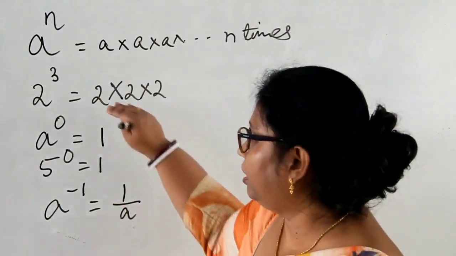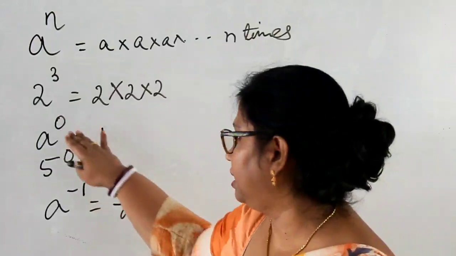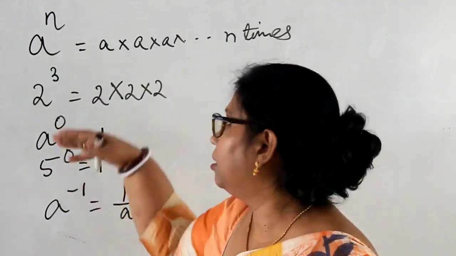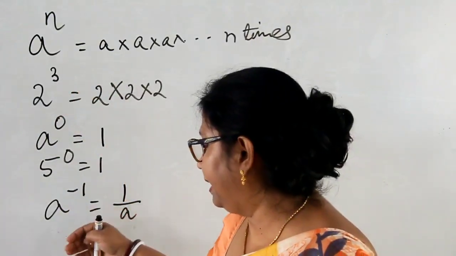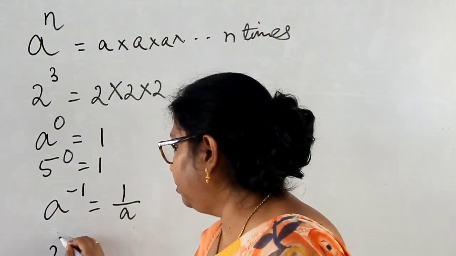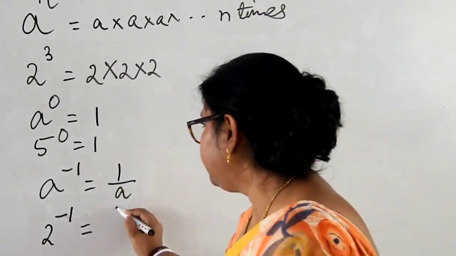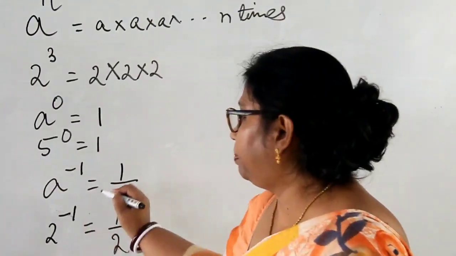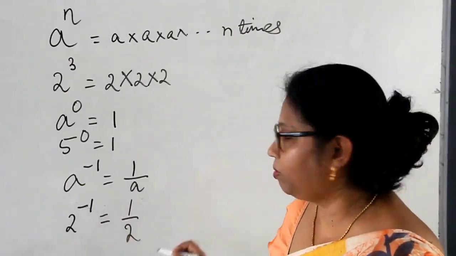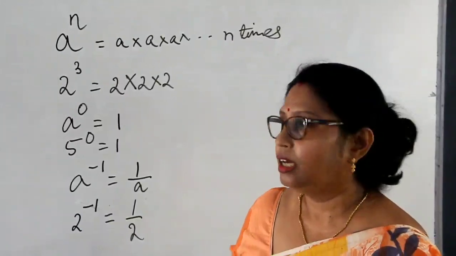Now we have already discussed 0, then positive power, then negative power. Similarly, we can take one more example for negative power: 2 to the power minus 1, which is equal to 1 by 2.